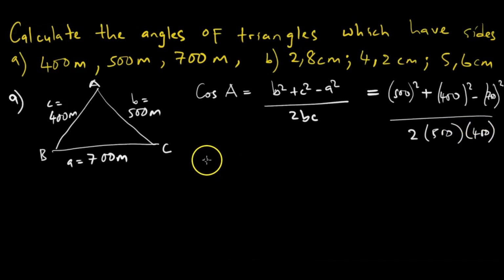Remember, in your answering you don't have to write the way I'm doing, because you have sufficient space. Here I'm trying to be conservative with my space. Alright, so what is 500 squared?